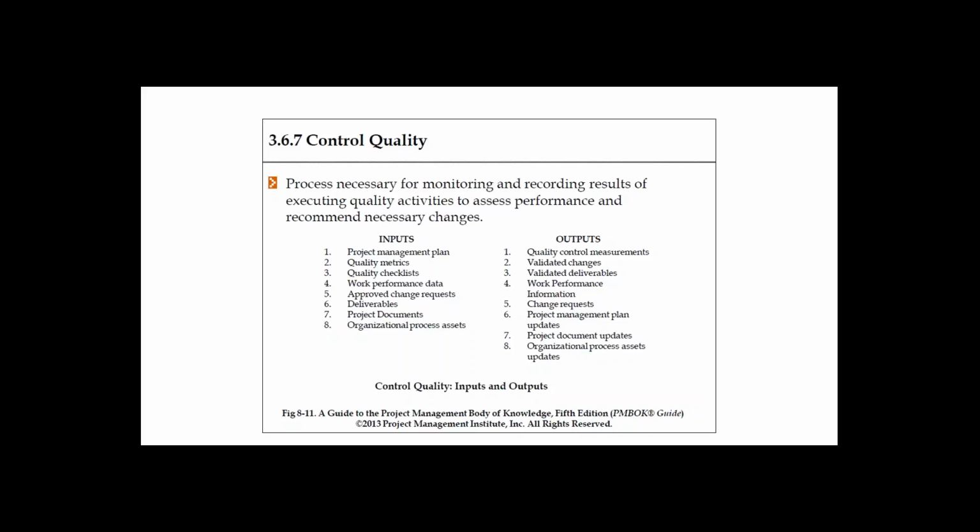That means defect leakage from integration testing to user acceptance testing, or from user acceptance testing to post production defects. All these metrics are very useful to assess the quality of our project. Or it can be a simple thing like defect density, which is defects per number of lines of code.